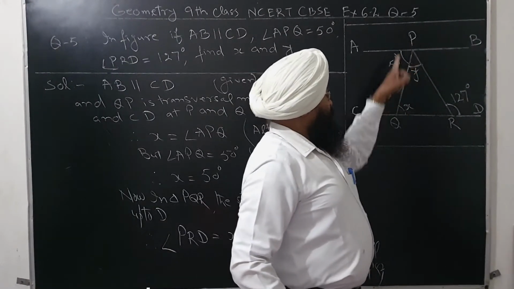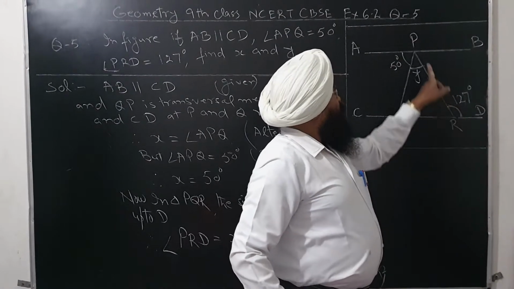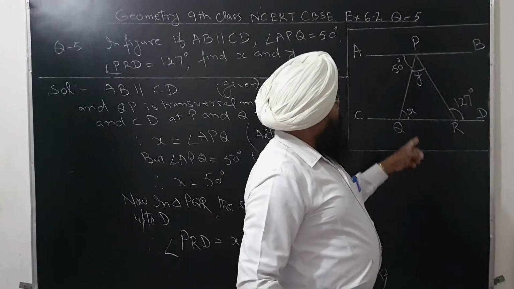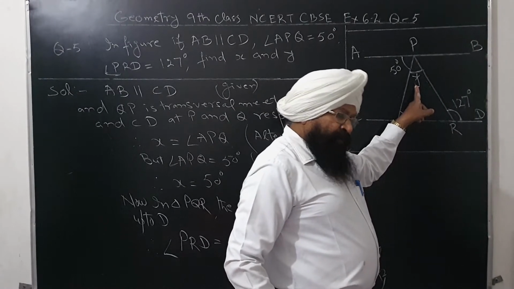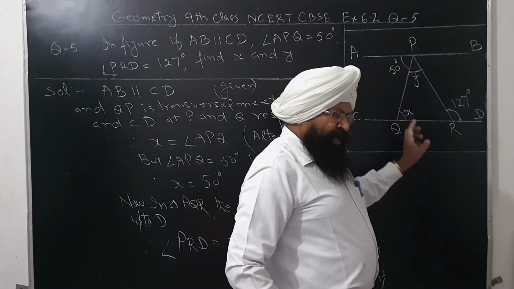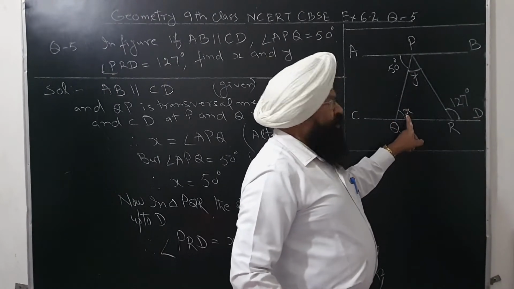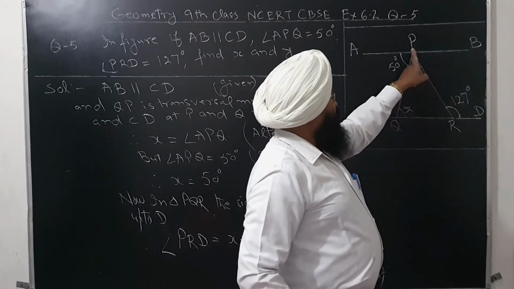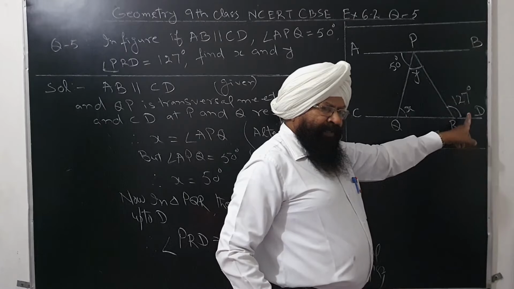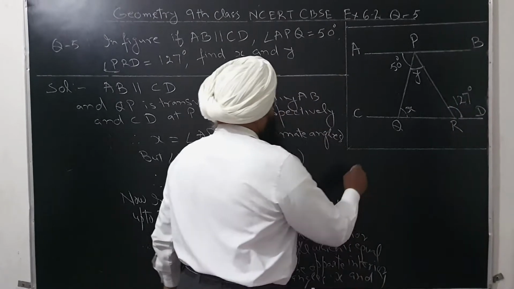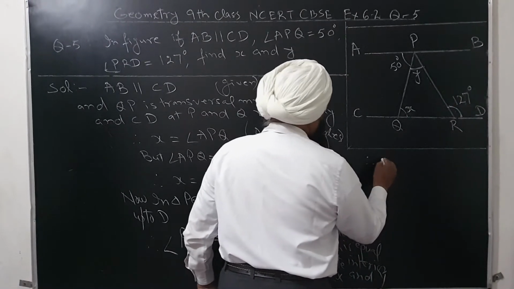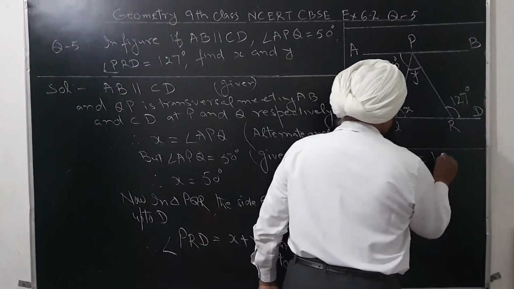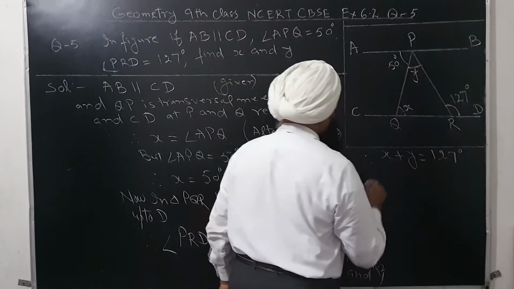In this triangle PQR, this angle PRD is the exterior angle, whereas X and Y are the opposite interior angles, and X plus Y must be equal to this angle, and value of this angle is 127 degree. Angle PRD is 127 degree. It is given. Hence, angle X plus Y is equal to 127 degree.